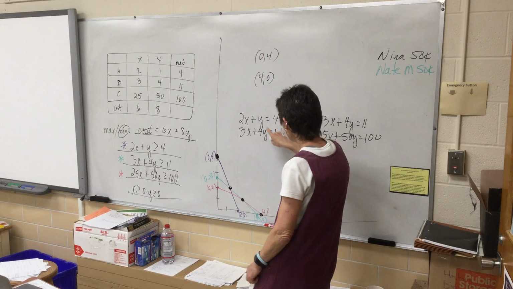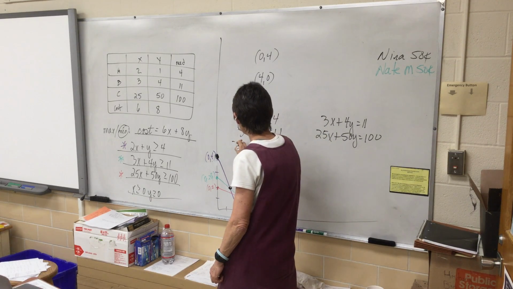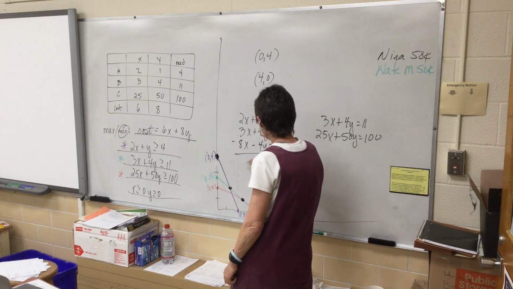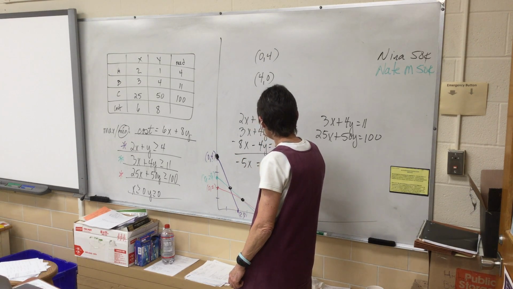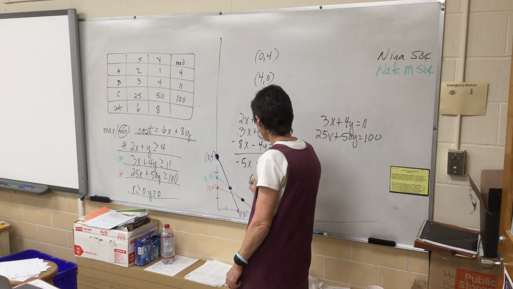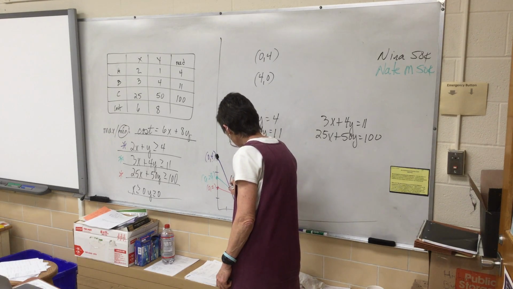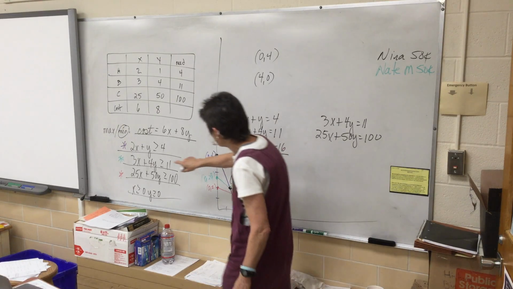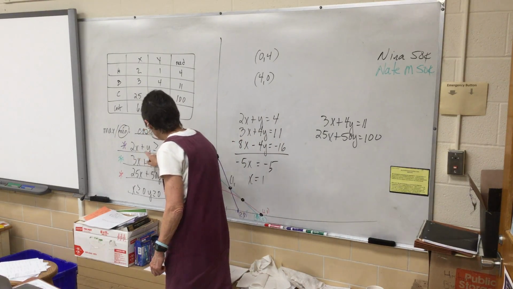So this one, I can multiply the top row by -4. So -5x equals -5. Oh, that worked out nice. So for this point, x is 1. And if x is 1, y must be 2.